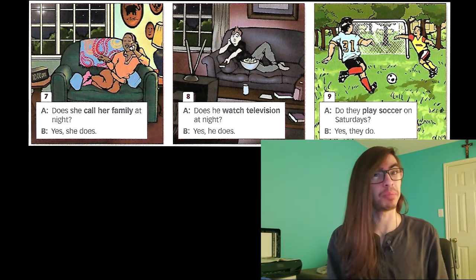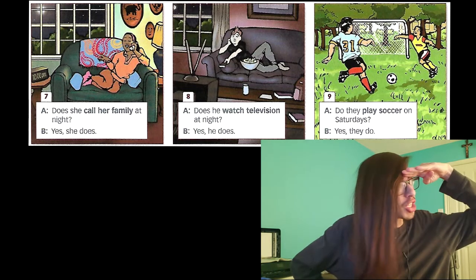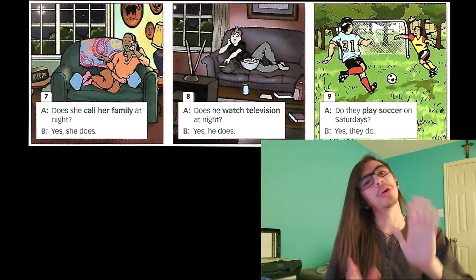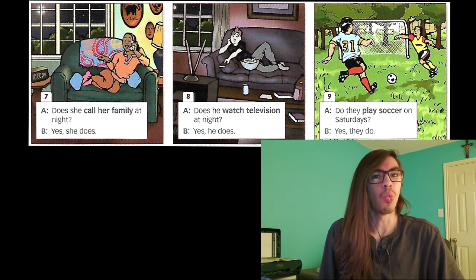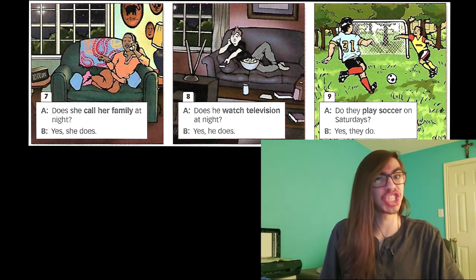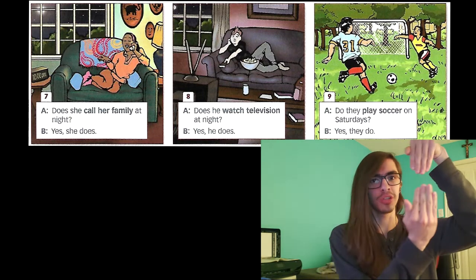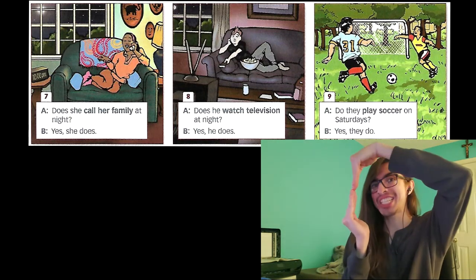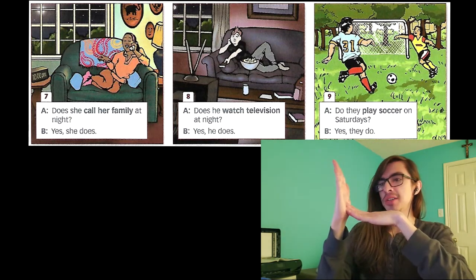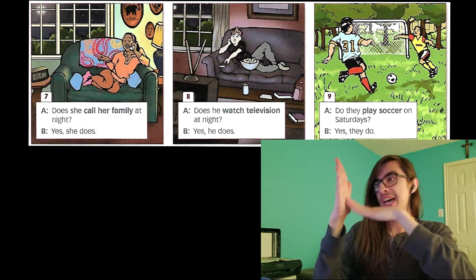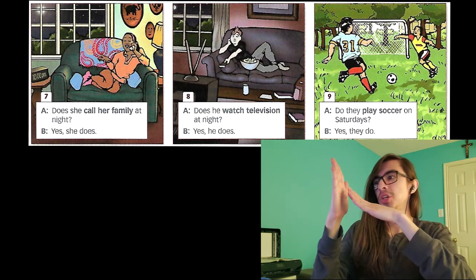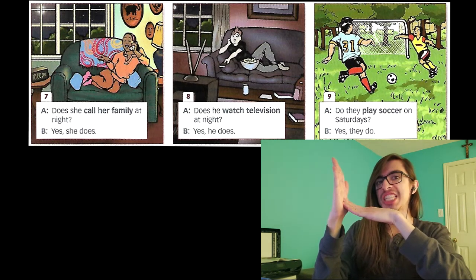It's washing, limpiando, and this is watching, mirando. So again, does he watch television at night? Yes, he does. You put your teeth together, watch, and your tongue, la lengua está aquí con los dientes. So watch.